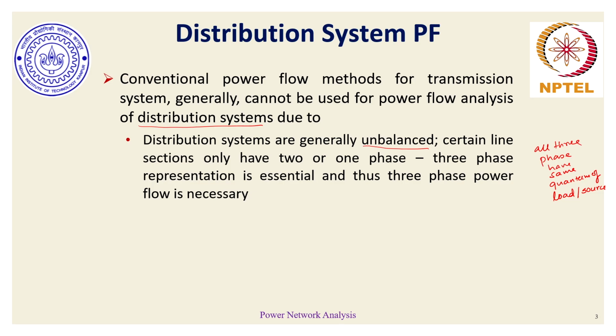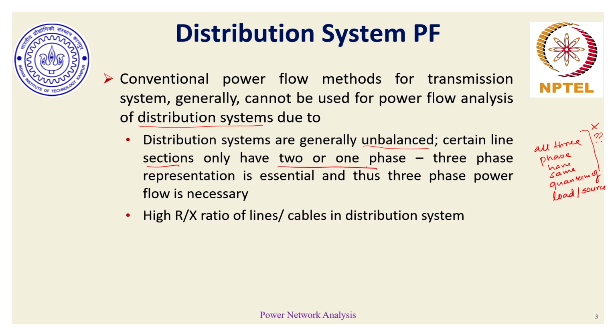on fault analysis. So for distribution networks, this sort of assumption is usually not at all applicable, because the distribution network tends to serve low voltage consumers, wherein each section of the three-phase line need not have all three phases present. Some of those sections may only have a one-phase or two-phase line, and hence the three-phase representation is essential.